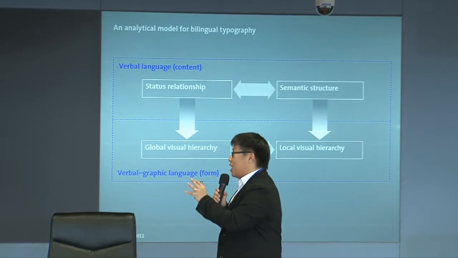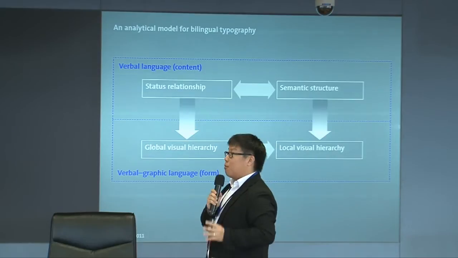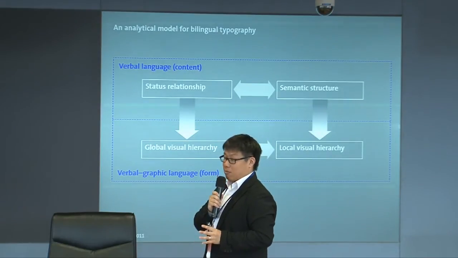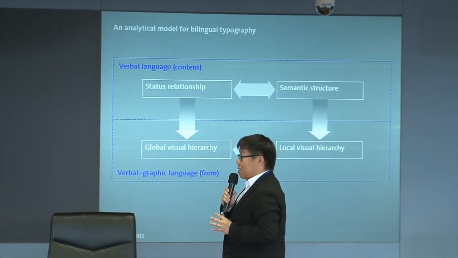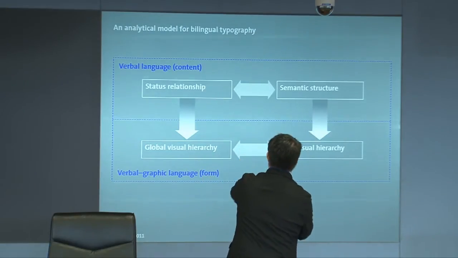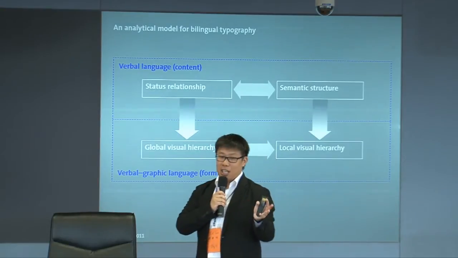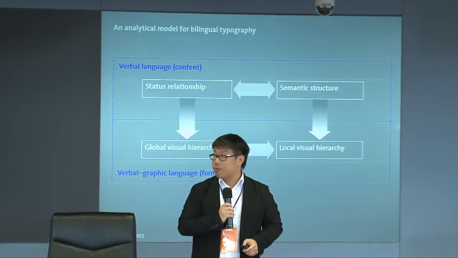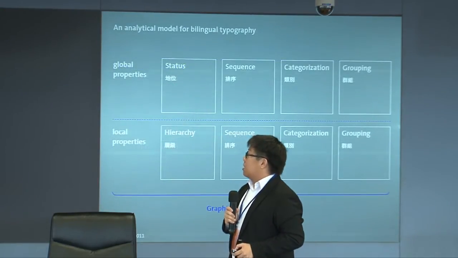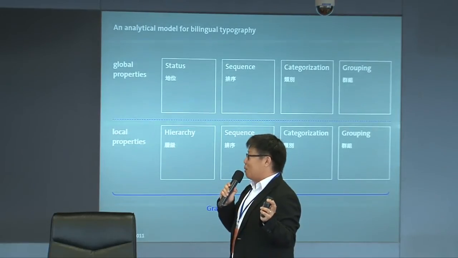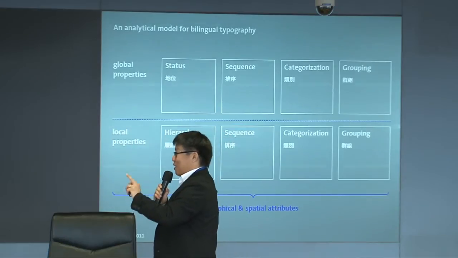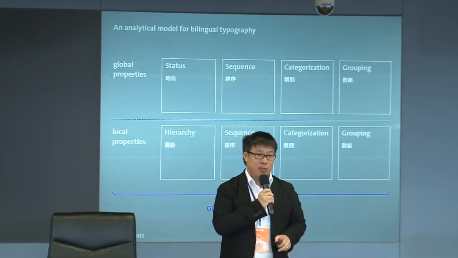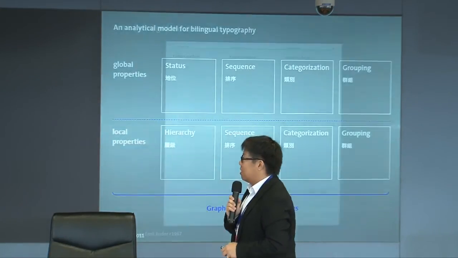And then how we, as designers, transform that visually in terms of a global visual hierarchy that speaks to the status relationship, and how it interacts with the local visual hierarchy in the individual languages. Okay, I think you've probably had enough of this. So these things are translated with graphical and spatial attributes as designers.